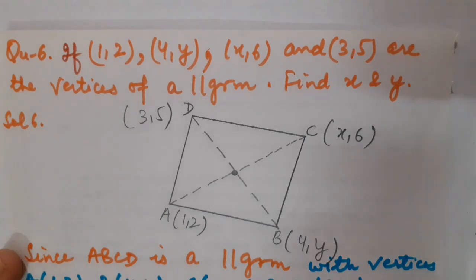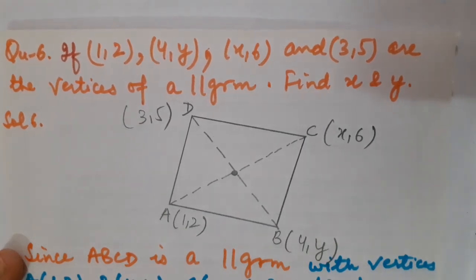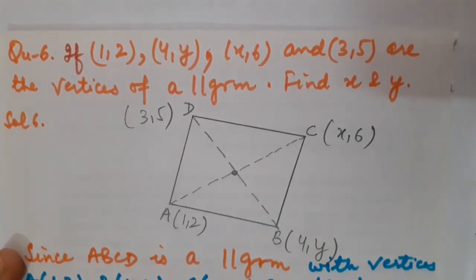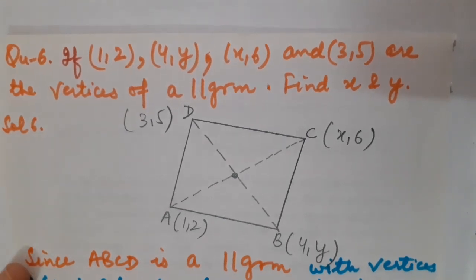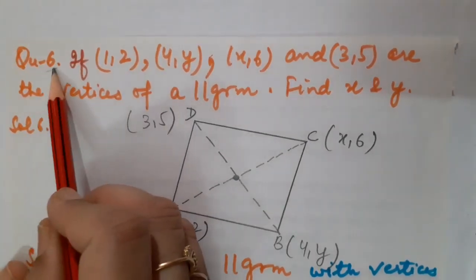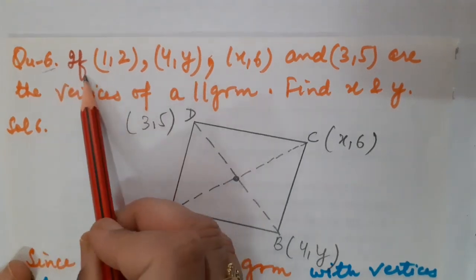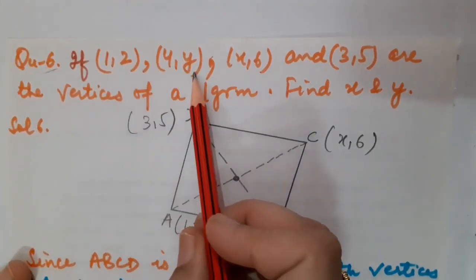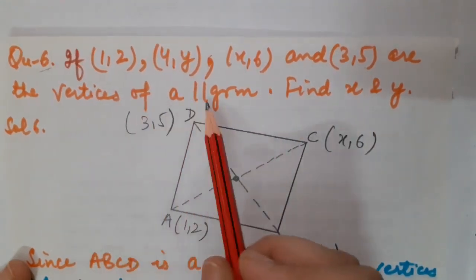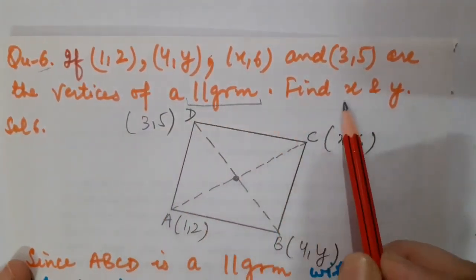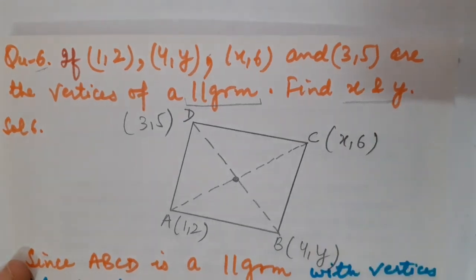Correct? Now children, here is the next concept. When you have any geometrical figure given and you are going to calculate the values of the unknown variables, for that I have taken question number 6 from 7.2. If (1, 2), (4, y), (x, 6) and (3, 5) are the vertices of a parallelogram, then we have to calculate the values of x and y.